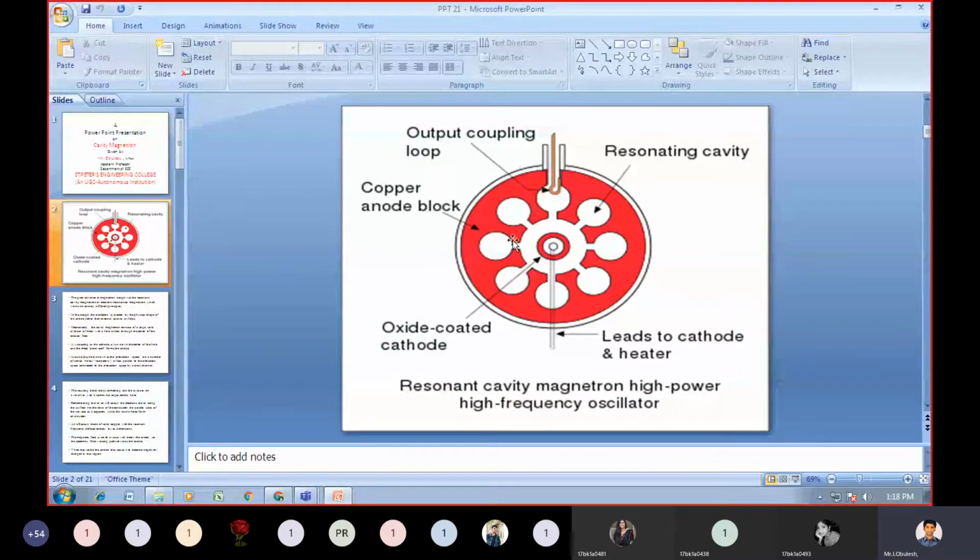Around this hole, known as the interaction space, are a number of similar holes, or what you need to call resonators, drilled parallel to the interaction space, each connected to the interaction space by a short channel.